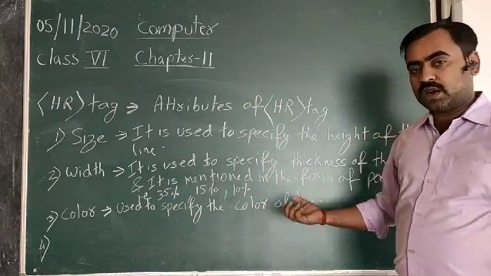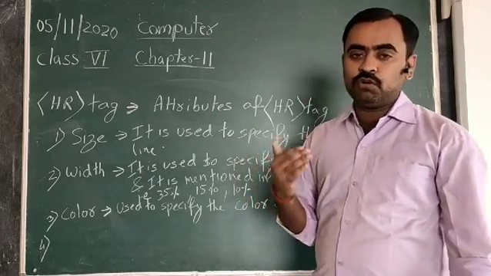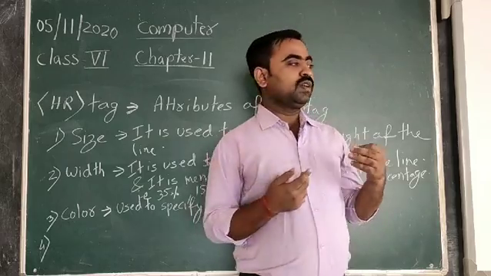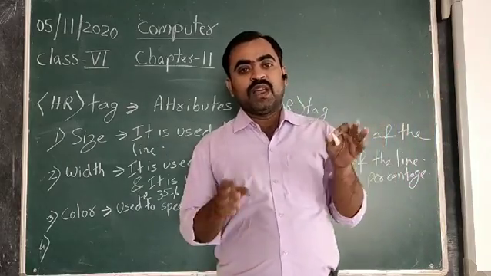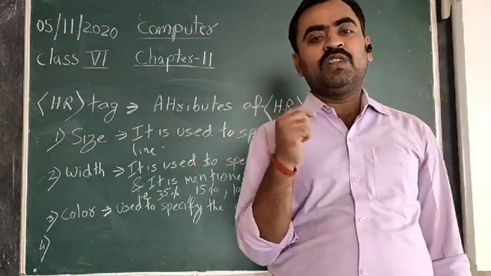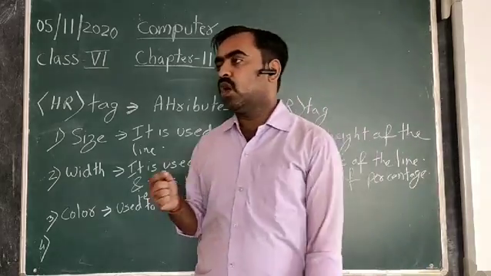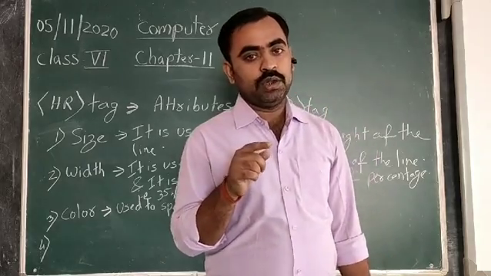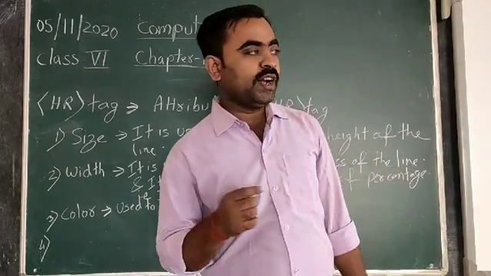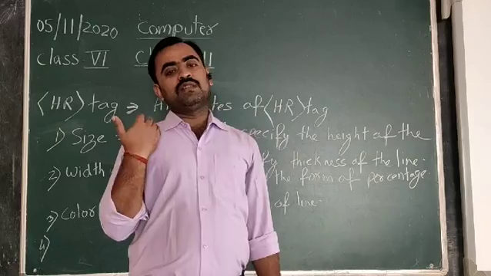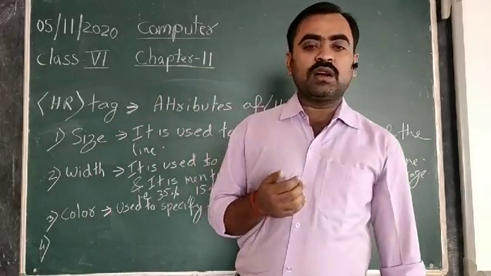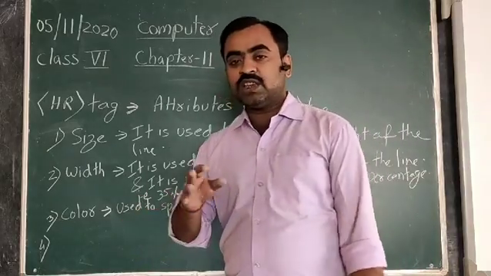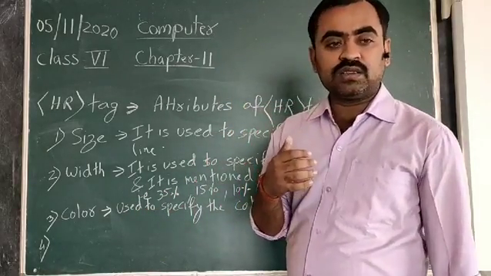If you want to use the color attribute, you have to specify its value, and the value can be given in two forms as we are using in the page color. Either you can directly write the name of the color, or you can specify the RGB code for that particular color. But as we discussed earlier, remembering the color code is very difficult, so I suggest you use the name of the colors directly.